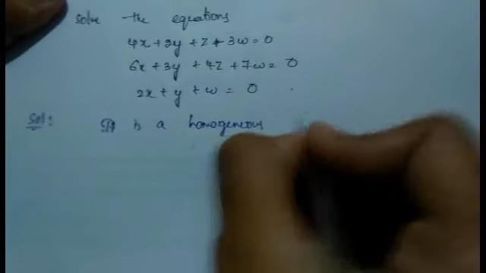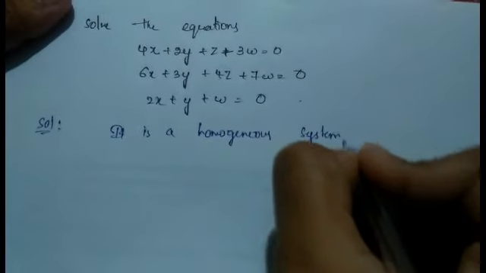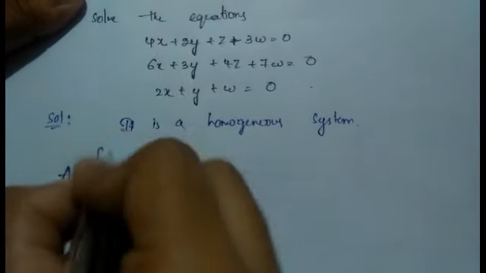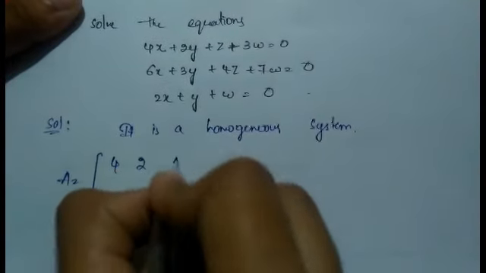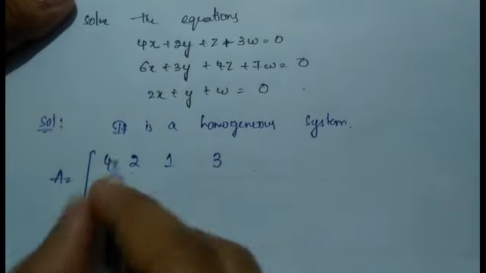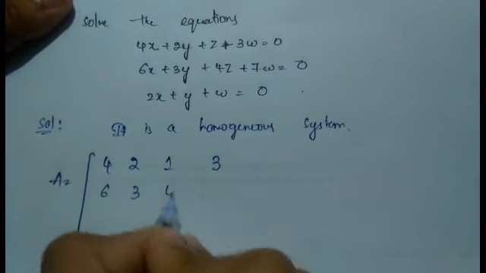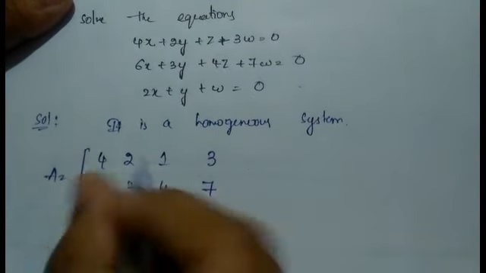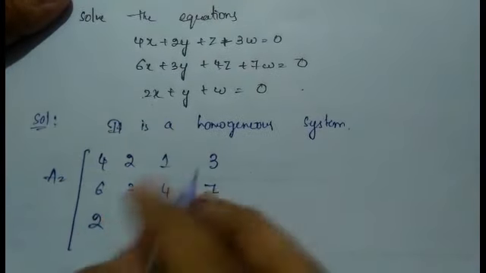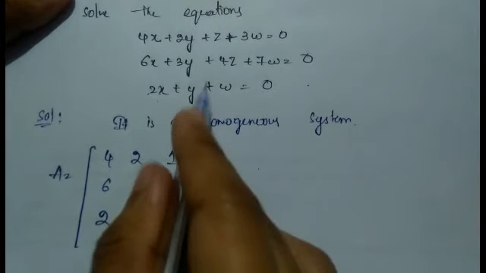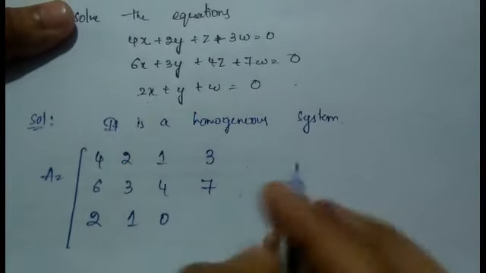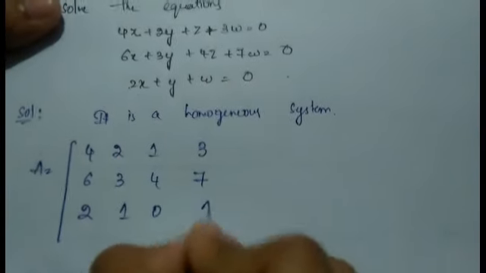It is a homogeneous system and you can write the matrix A as 4 2 1 3 and 6 3 4 7, and here the coefficient of x is 2, coefficient of y is 1, and we don't have the z variable here, so take it as 0, and the coefficient of w is 1.